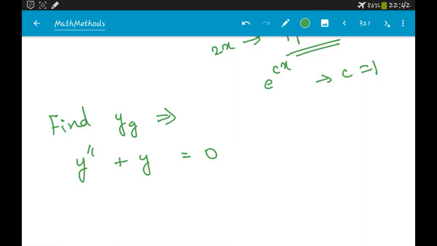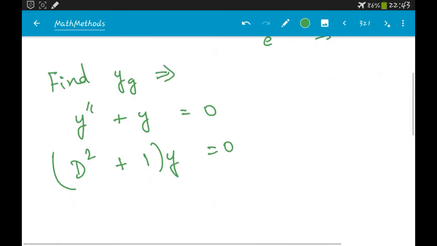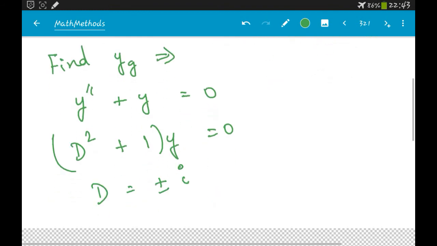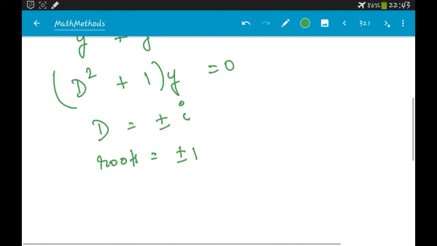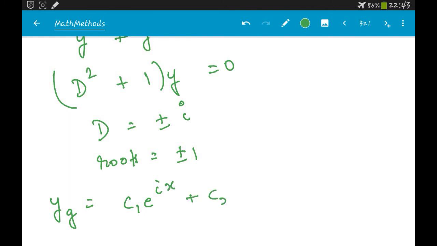So we'll have D square plus 1 into y is 0. So we'll get D equal to plus or minus i. The roots are plus or minus i, and so the solution yg is going to be c1 e power ix plus c2 e power minus ix. So this is going to be your general solution.